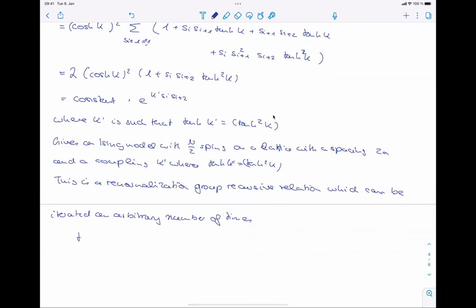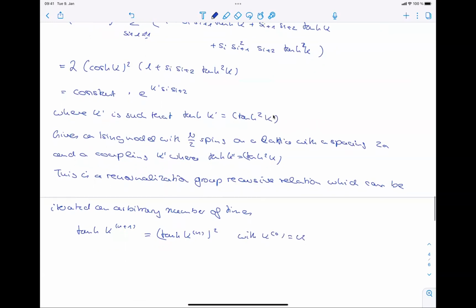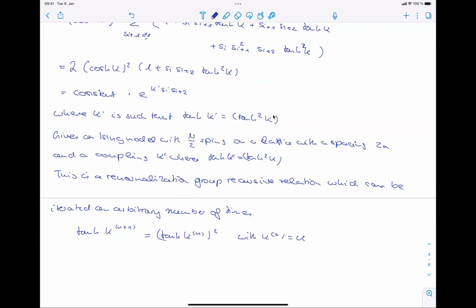And what I would find is that for the nth iteration, the k of the (n+1)th iteration should just be the interaction strength of the nth iteration to the power of 2, with k_0 equal to pi. So we found now a recursive relation for what happens to the interaction strength.